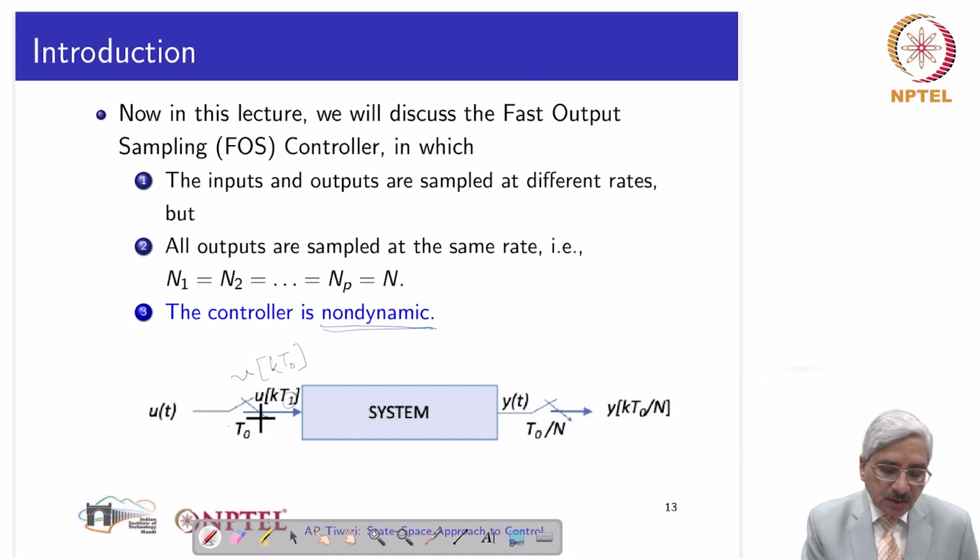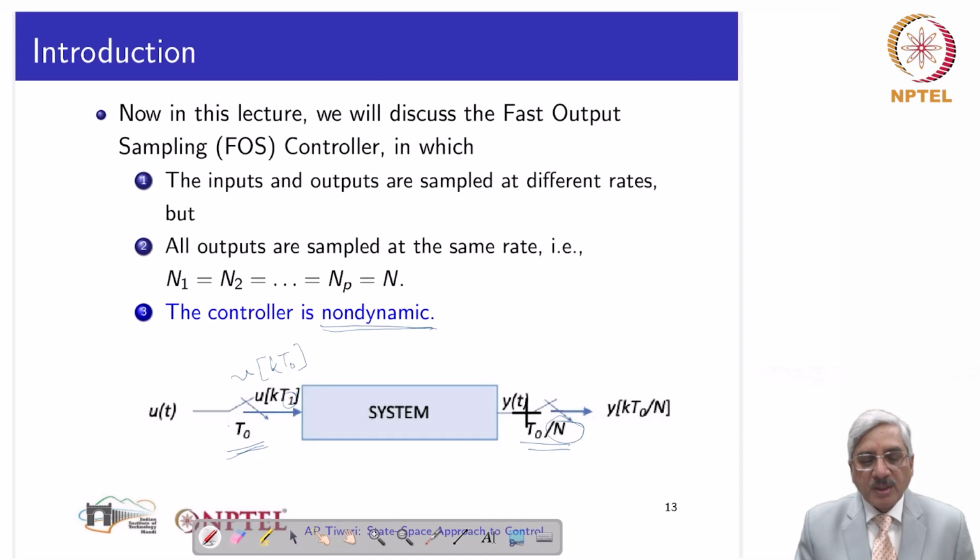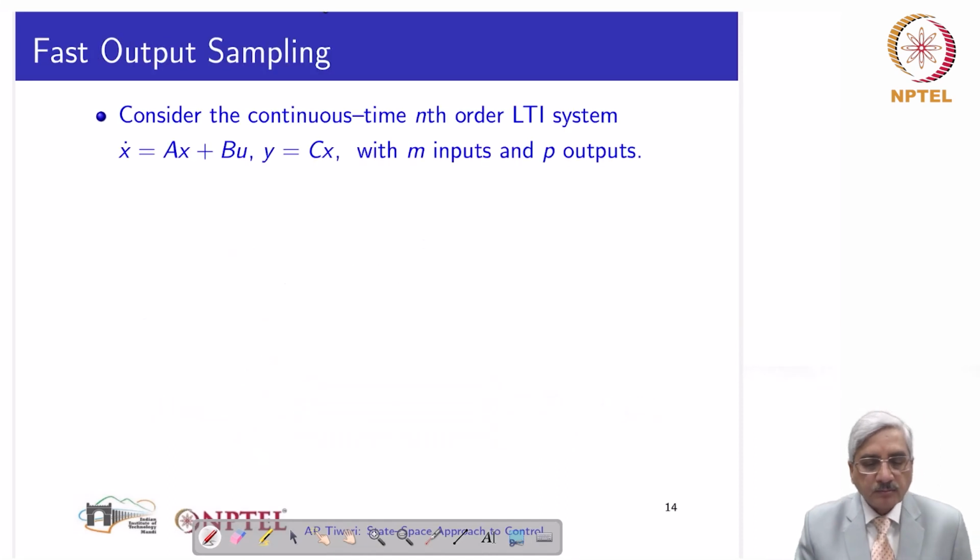So on the input side, the switch is closed at regular intervals of T0, and on the output side the switch is closed at regular intervals of T0 by n, so the sampling period on this side is T0 by n, smaller compared to T0. And this n is of course chosen depending upon the type of design we want. We will see about it.